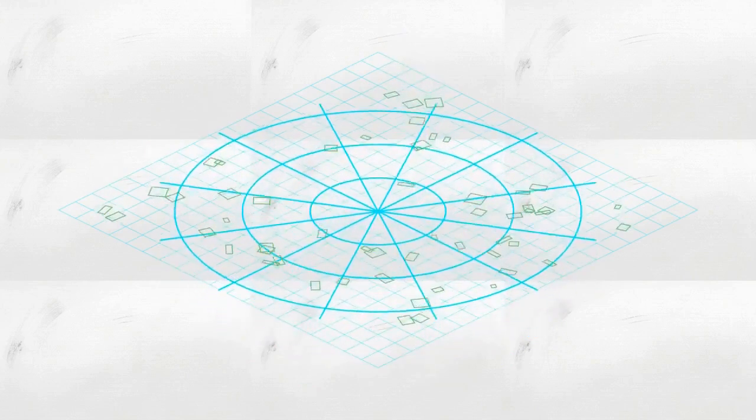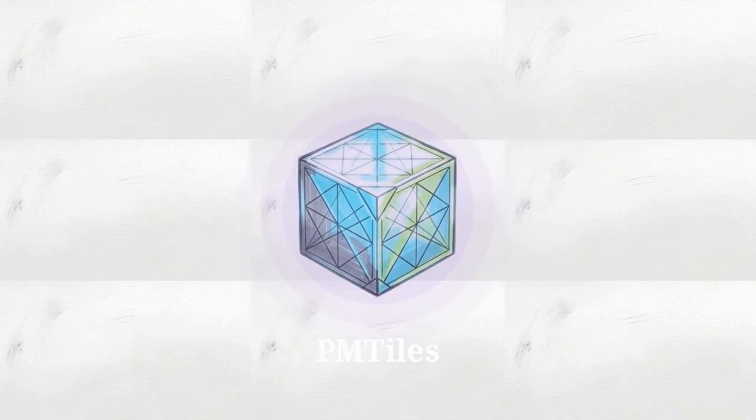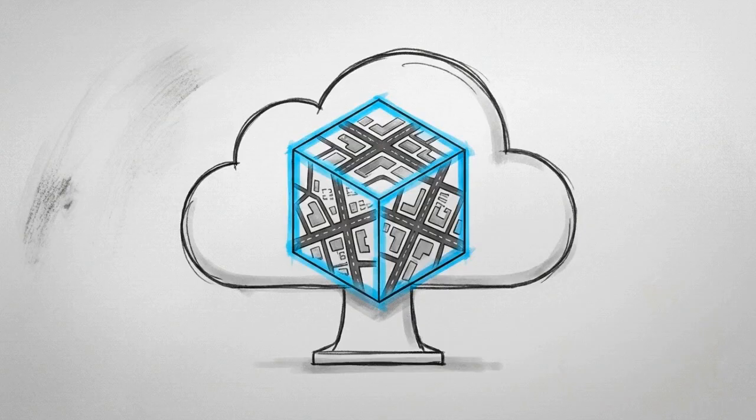Instead of pixels, the server sends Mapbox vector tiles, lightweight packets of pure geometric data containing the coordinates for roads, parks, and buildings. These vector geometries are prepackaged into a single file archive format known as PMTiles. Because these archives are completely static, they can be hosted directly on cheap cloud object storage, bypassing dynamic databases entirely.